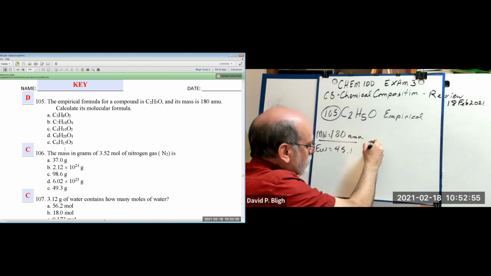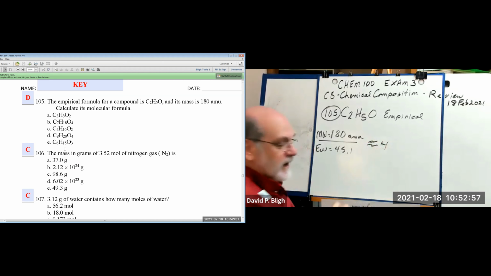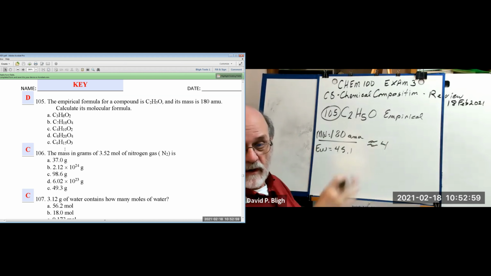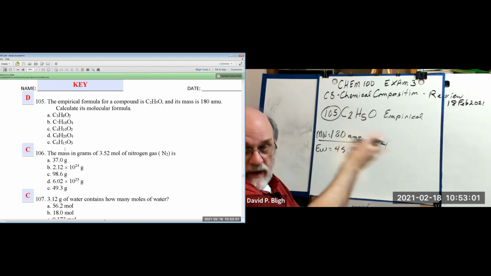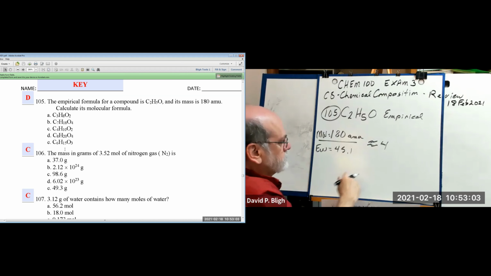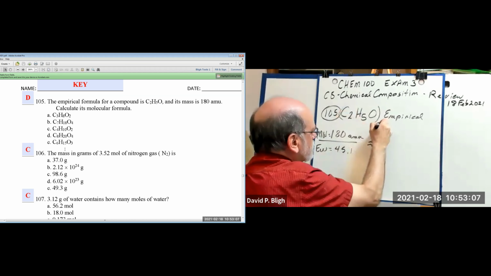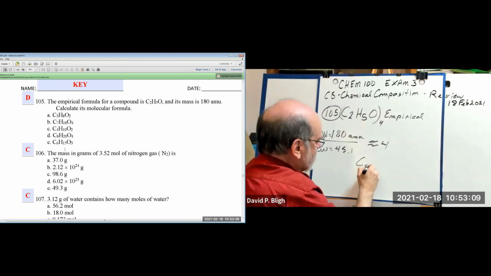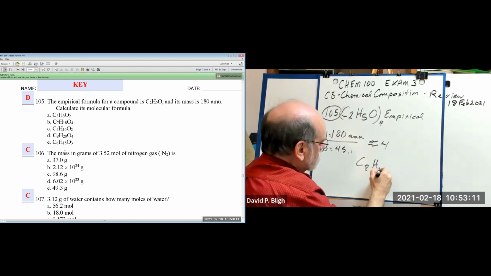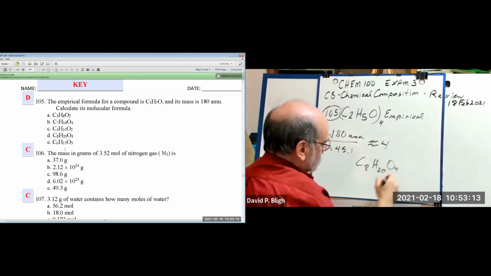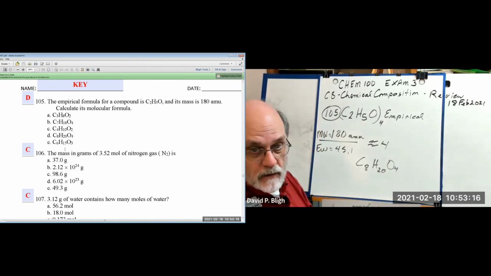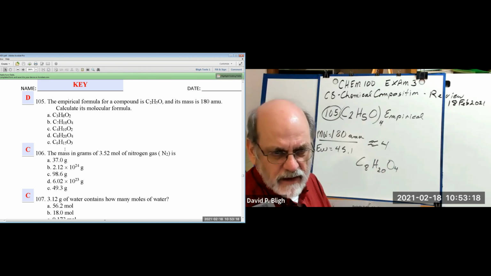About 4. Right? So you can get that ratio number from atomic mass units as well as grams per mole. So we would need times 4, which would be C8H20O4. And that should be D. Yep.